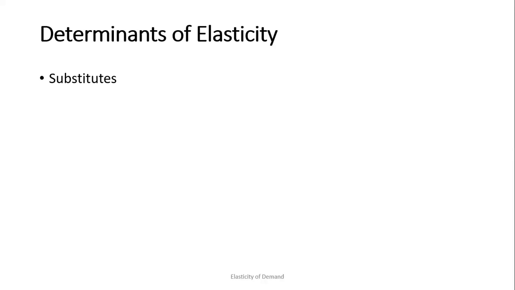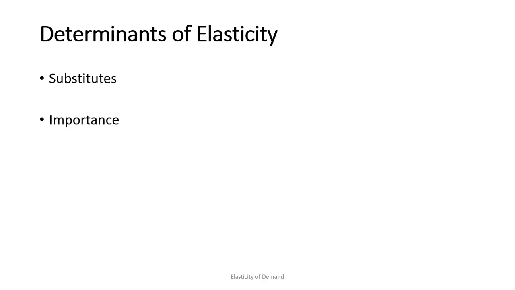Similarly, a small decrease in price will attract the consumers of all the substitutes towards this product and its quantity demanded will increase. Therefore, the higher the number of substitutes, the higher the elasticity.